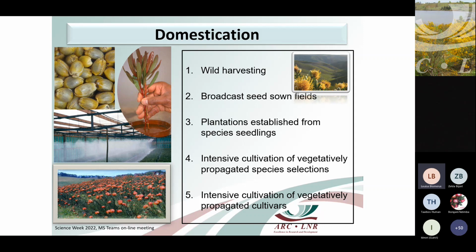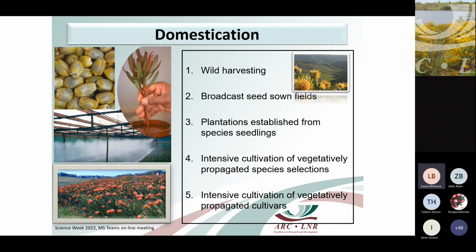So they harvested the seeds and broadcast sowed it closer to their houses. So they had to know how to germinate seed. So with every step in domestication of a plant, you need some technologies. So if you need to or want to sow seed, you need to know how to germinate that.